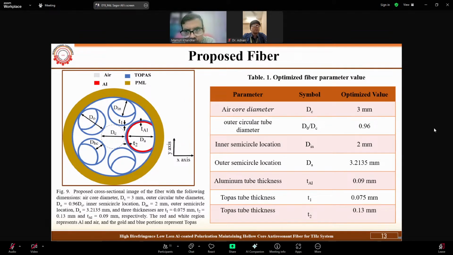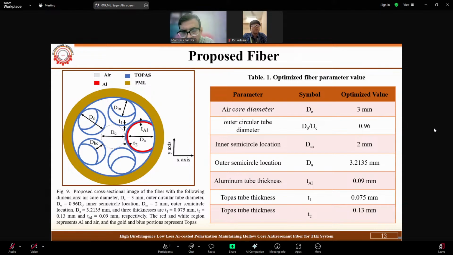This figure is our proposed model. This is the cross-sectional image of the fiber with the following dimensions: core diameter 3 mm, outer circle diameter D0 0.96 DC, inner circle location D in 2 mm, outer circle location D at 3.135 mm, and three thicknesses T1 and T2, the topmost thickness and the aluminum thickness respectively.